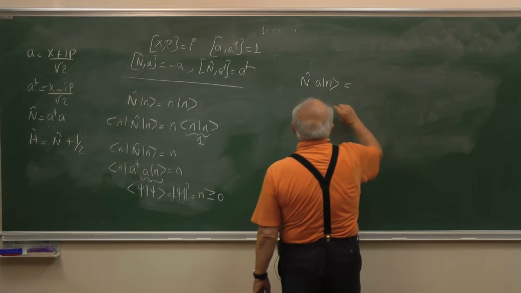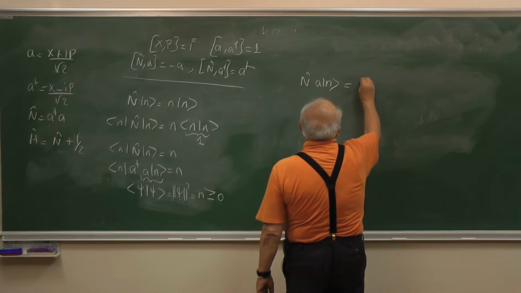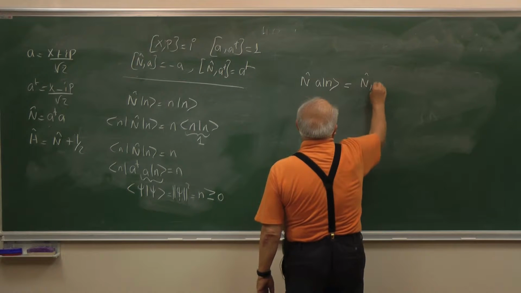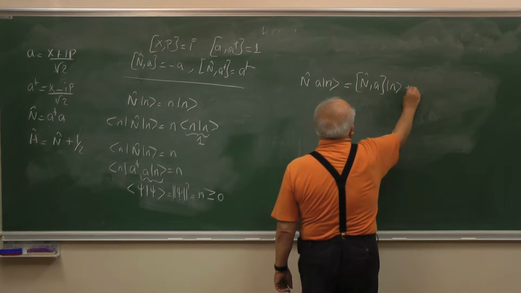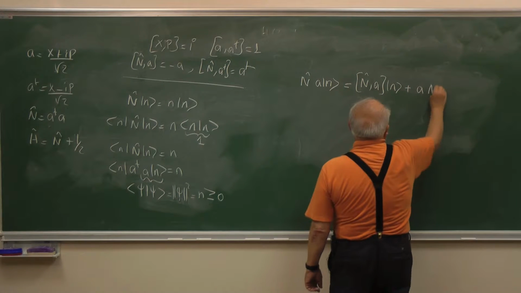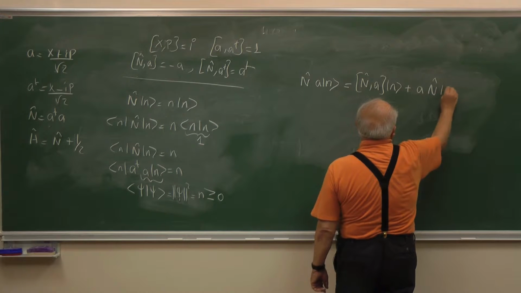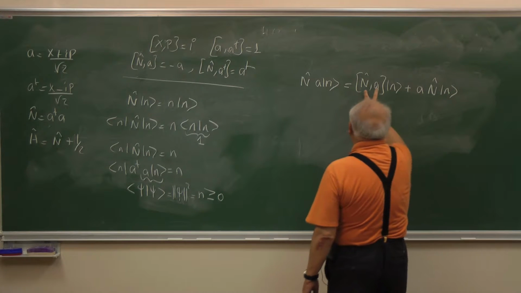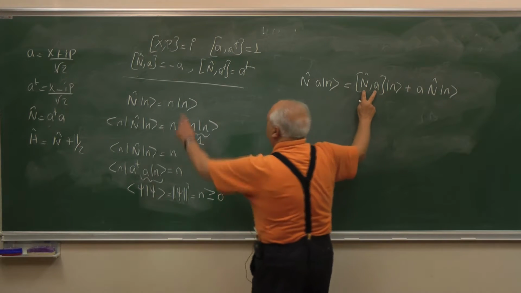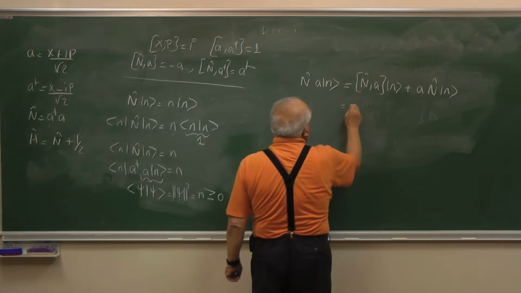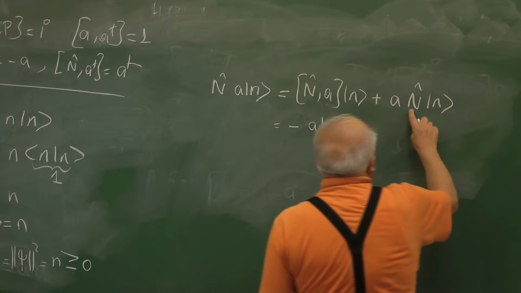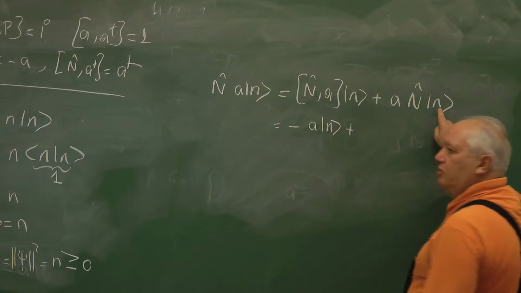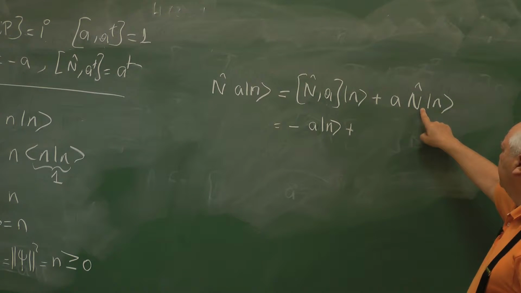This is equal to a n|n⟩ plus, I changed order, [n, a]|n⟩. This commutator we computed, that's minus a. So it is equal to minus a|n⟩ plus n a|n⟩. This is an eigenvector of the number operator with eigenvalue n.